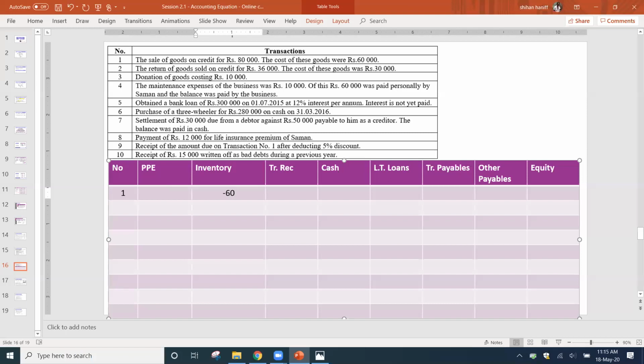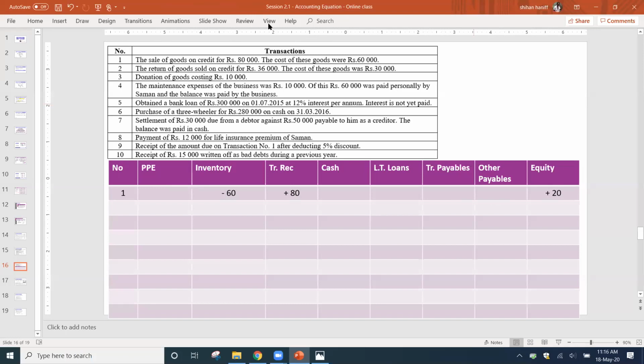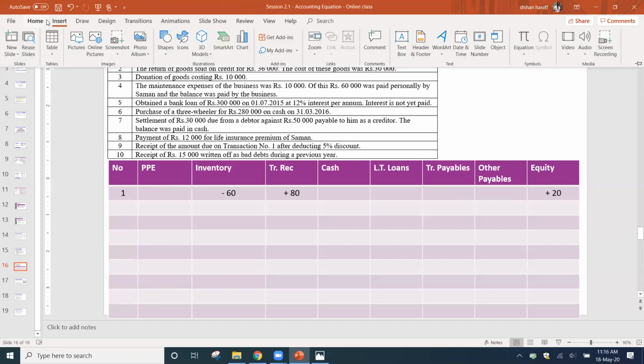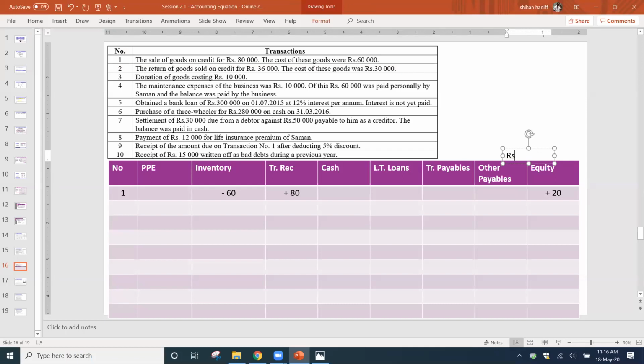Inventory reduced by 60. And we are getting a debtor of 80. And the profit is 20. So we are doing it in thousands, so somewhere here you can have this thousand.